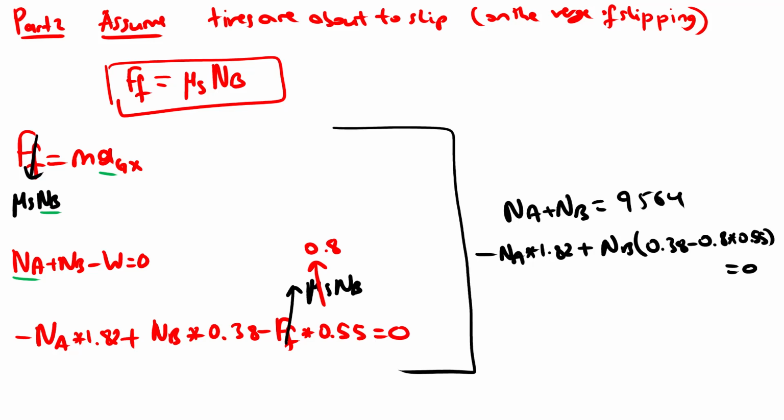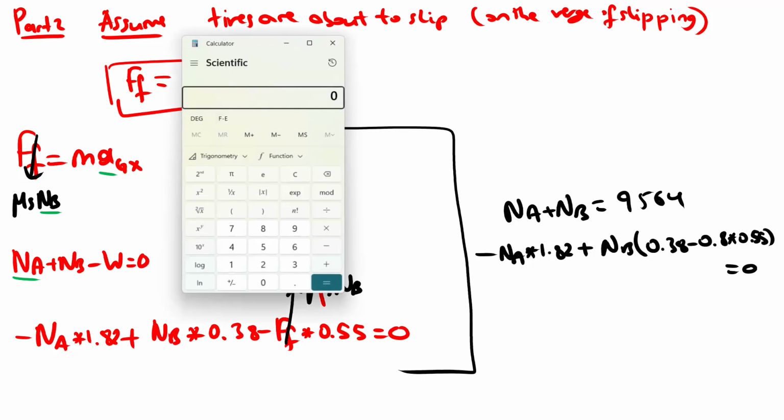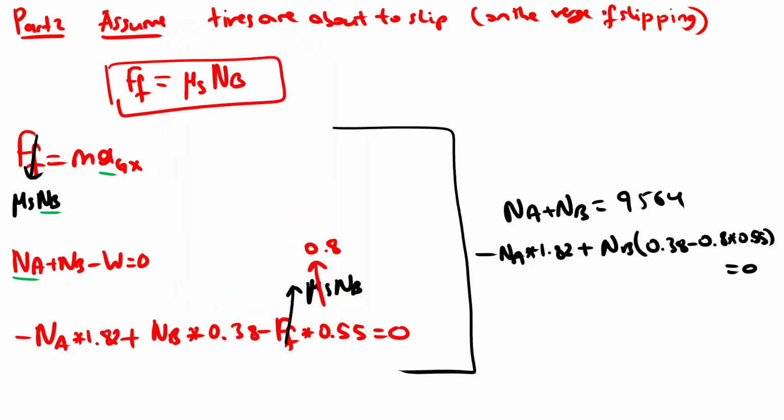Okay, and then let's do that calculation. 0.8 times 0.55 minus 0.38, that is negative 0.06. So again, I will just write it.